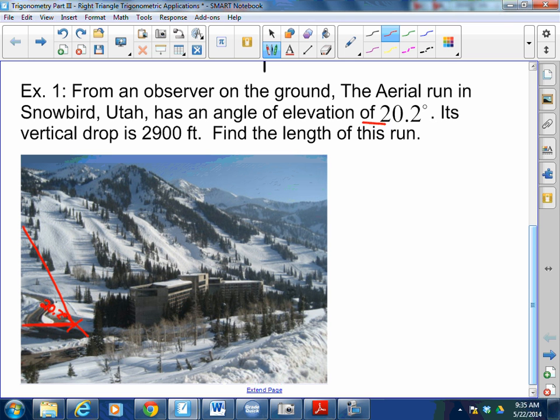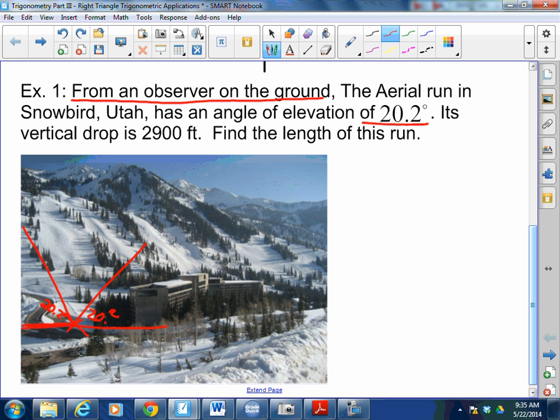Why? Because it said from an observer on the ground. So I'm here on the ground, I'm looking up. That angle is 20.2 degrees. The baseline could go this way or this way, but if it went that way, then the angle would be 20.2 here.